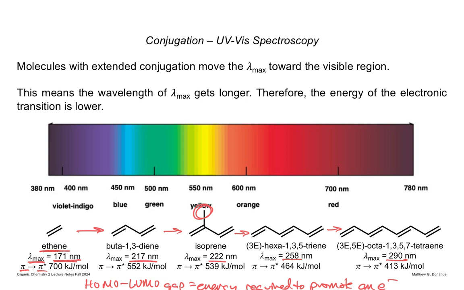So as you add more double bonds, that energy becomes lower. So why is that important? When you look at a carrot, it's orange. You see it as orange. That means that HOMO-LUMO gap is really small because you're already in the visible region.